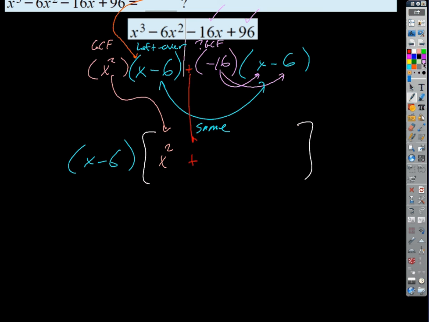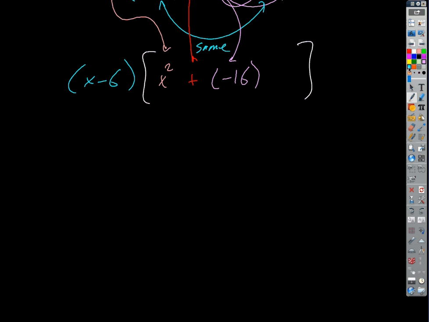Well, from group 2 I'm left with negative 16, right? And so then it just becomes x minus 6 times x squared plus negative 16, which is just x squared minus 16. Okay, this one is done.